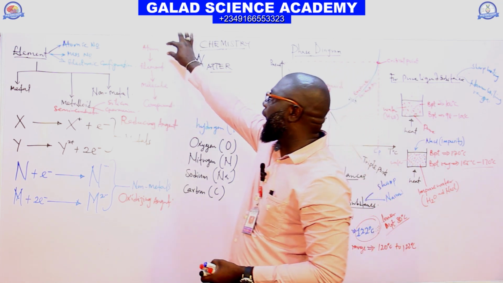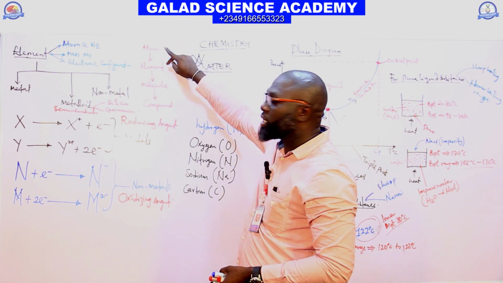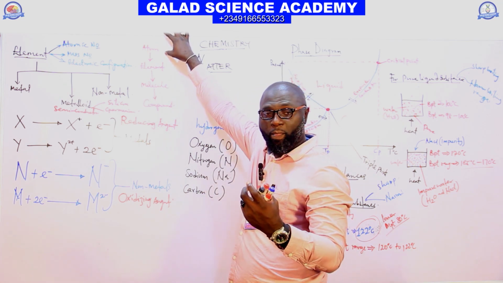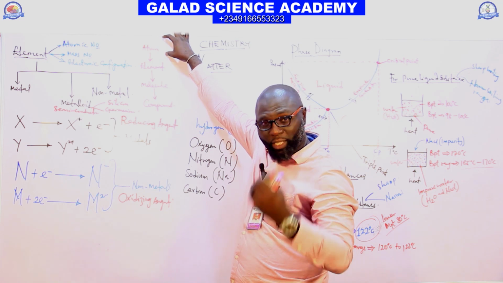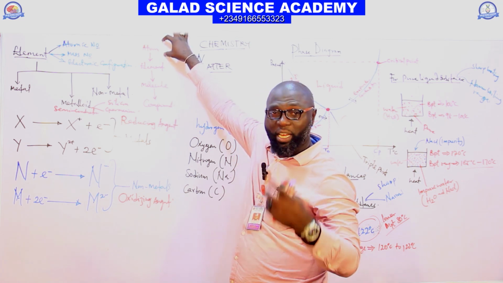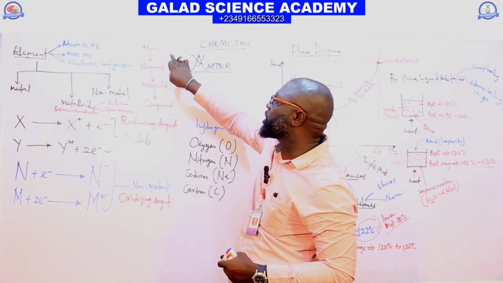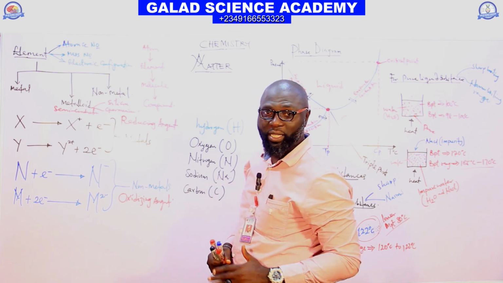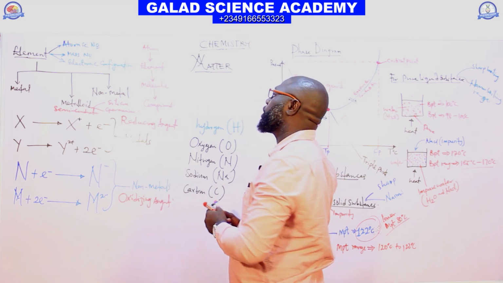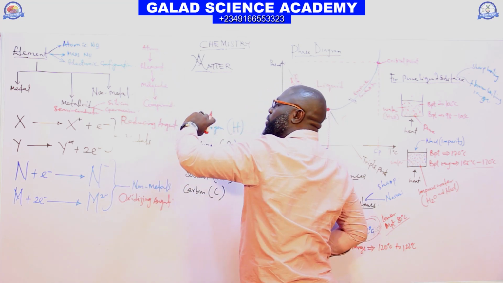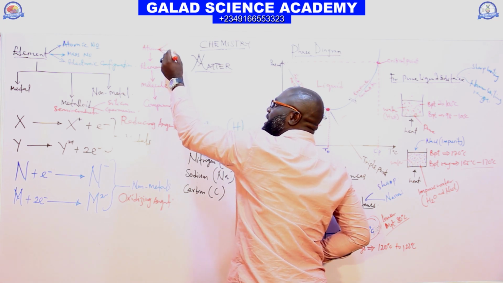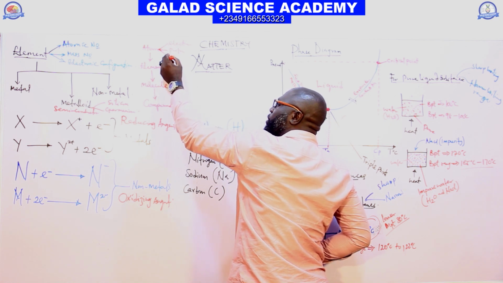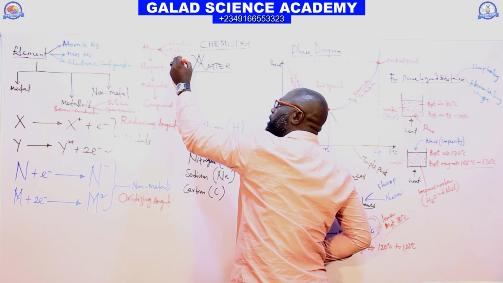I'm supposed to explain atom first before element. But what is atom? Atom is the smallest particle of an element which takes part in a chemical reaction. Inside this atom we have three things: electron, proton, and neutron.